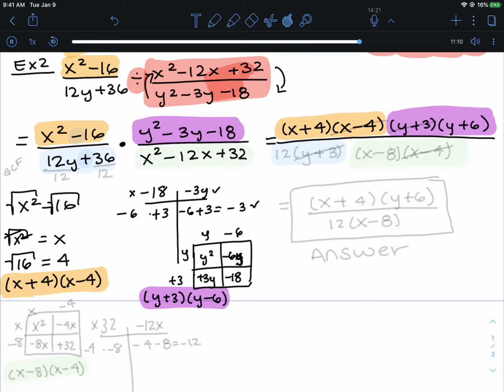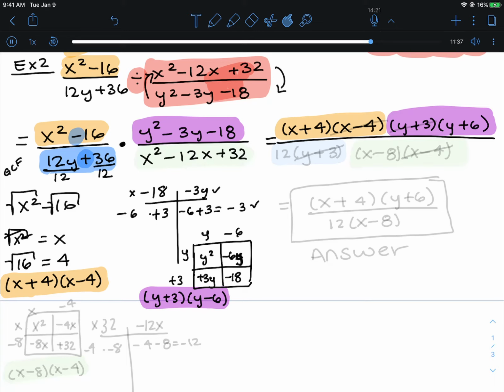Now for this 12y and 36, guys, I cannot do the difference of squares. The reason why I cannot do that is because it has a plus right here. Difference of squares only works when you have a subtraction. So here I won't be able to do that, but I do see that it has a 12 and a 36. So here we're going to do the greatest common factor of 12, right?